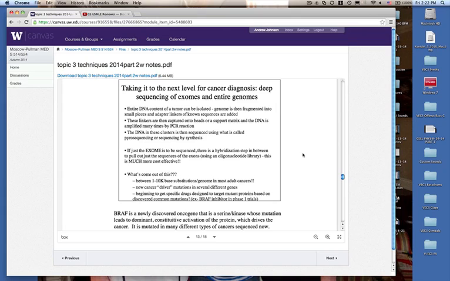Oftentimes, those metastasizing tumor cells are moving through the bloodstream to get to a different organ. If you can actually isolate those tumor cells from the blood, extract their DNA, and look to see, are there mutations that are evolving in that person over time?